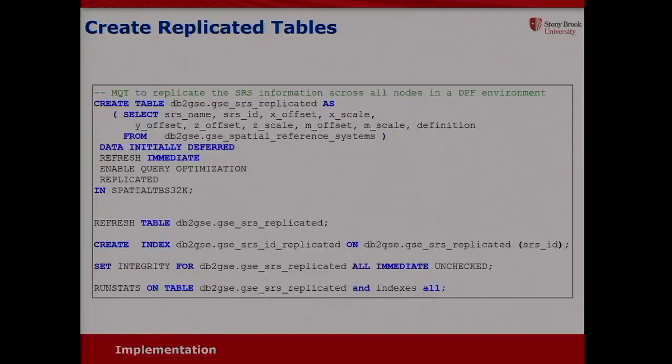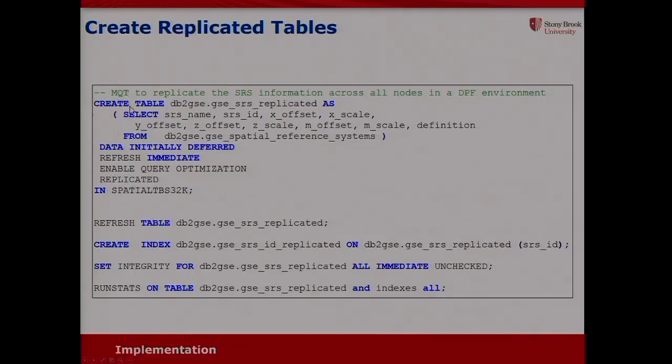We can also create a replica table. As I mentioned, for small tables, we can just replicate them across all the nodes. So we create a table, and there's an option called replicate.